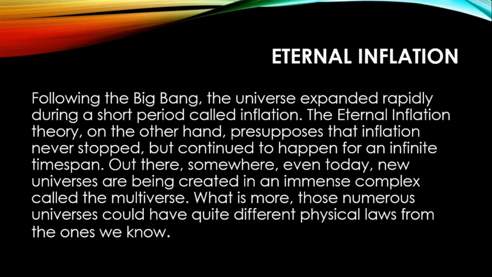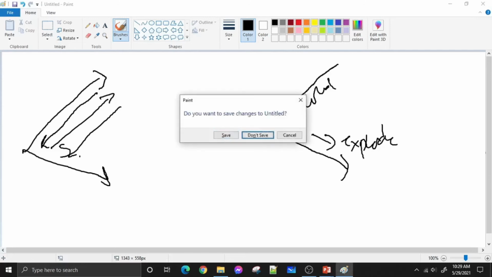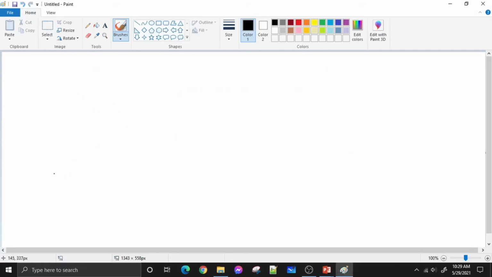So out there somewhere, even today, new universes are being created in an immense complex called the multiverse. What is more, those numerous universes could have quite different physical laws from the ones we know. That's the eternal inflation.